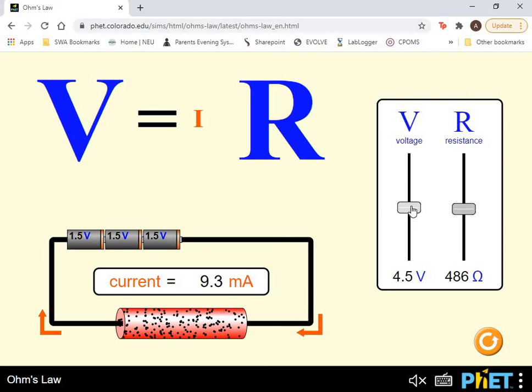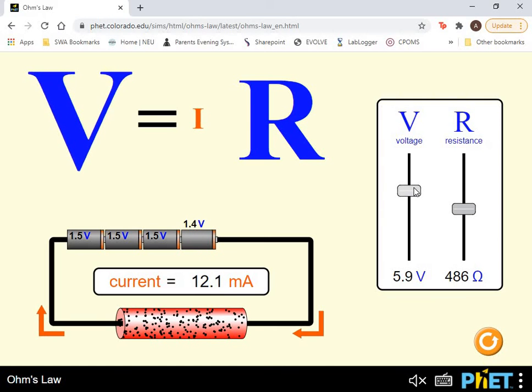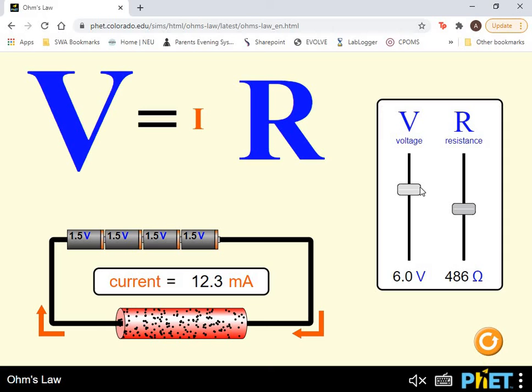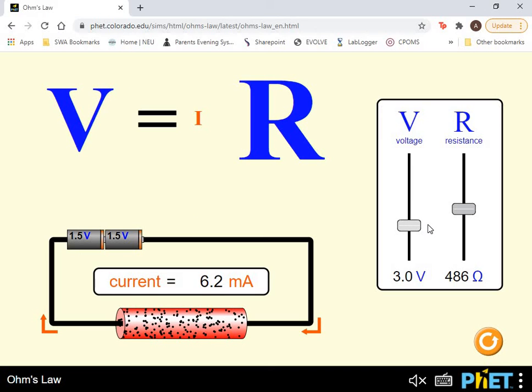If I increase my voltage, let's see what happens. Let me say I add another battery, another cell. I've now got 6 volts. You can see I've increased my current. So my voltage has increased and my current has increased. If I go from 4 down to 2, so we've got 12.3 milliamps, you can see I've got just about half.